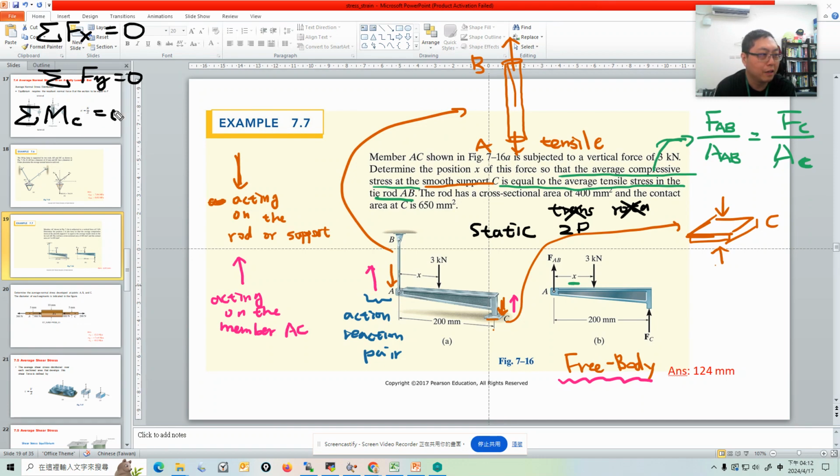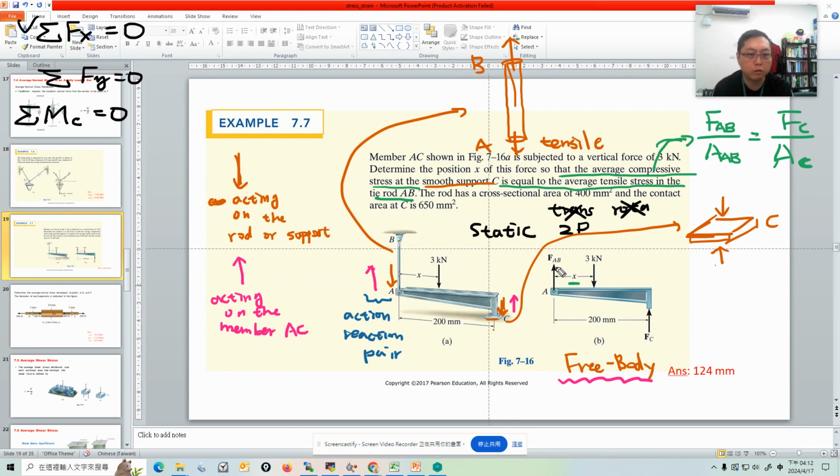Summation Fx equal to 0. We look at these three forces. They are all vertical forces, so there is no x component, so this must be 0. We don't need any equation. Now the y component is 0.